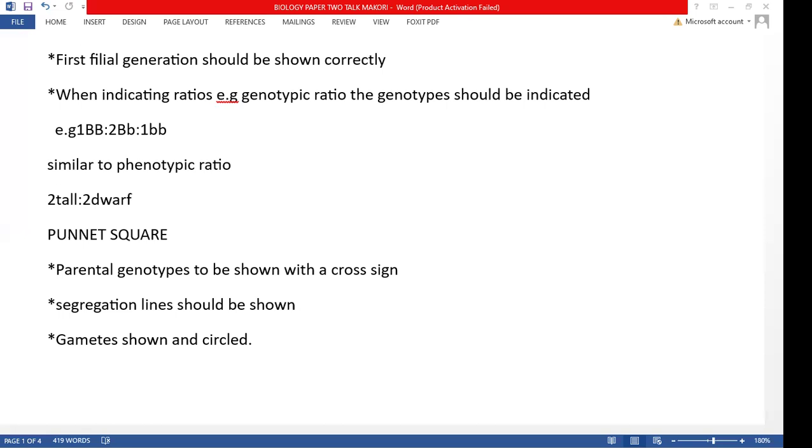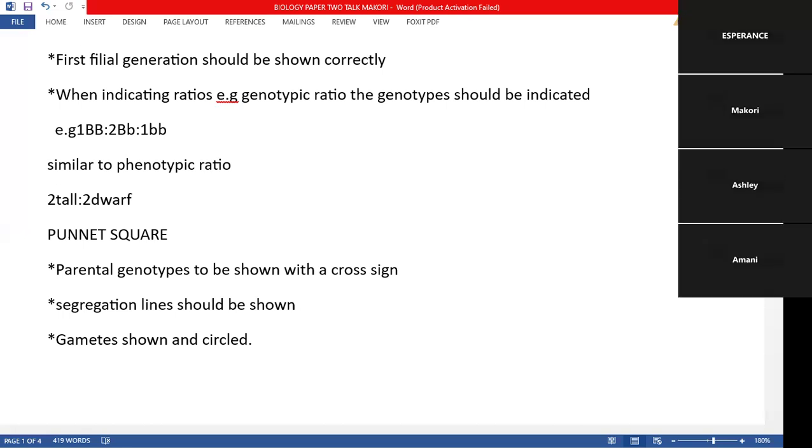Then the disorders due to non-disjunction, for those who have covered that, I only want to guide you that whenever we are writing these defects that occur as a result of non-disjunction, like Down syndrome, the letter D should be capital, Klinefelter syndrome, capital K, Turner syndrome, capital T. So whenever we are writing those disorders, we are supposed to start with a capital letter because they represent the names of the people who first discovered those disorders.